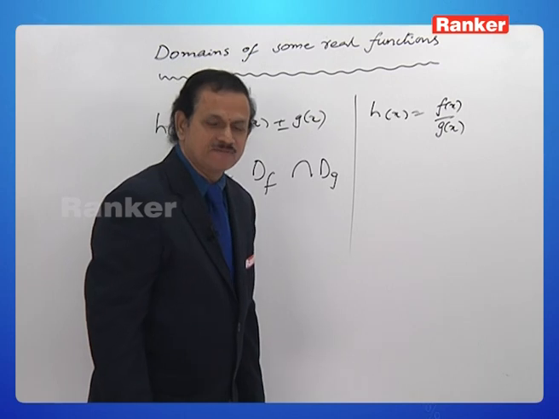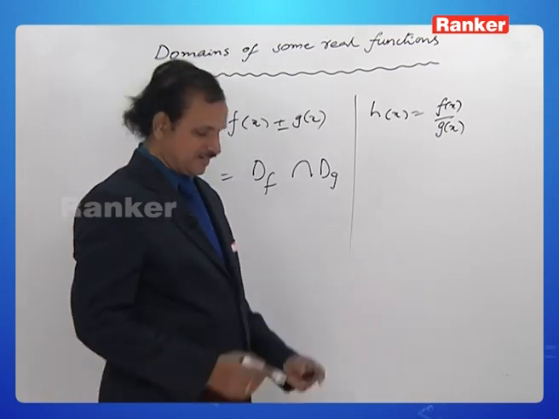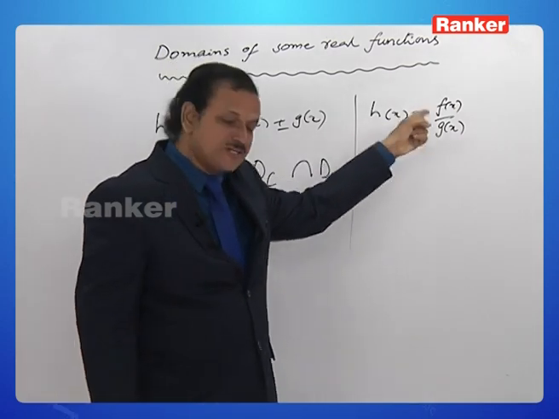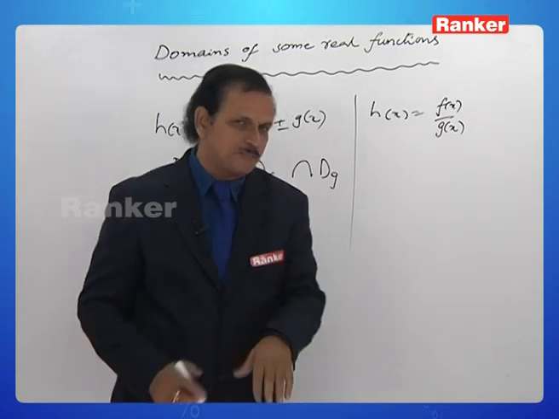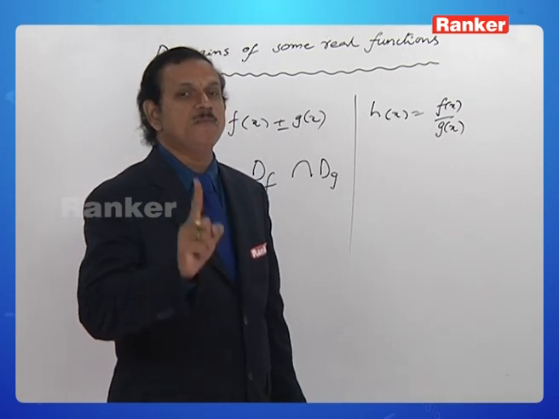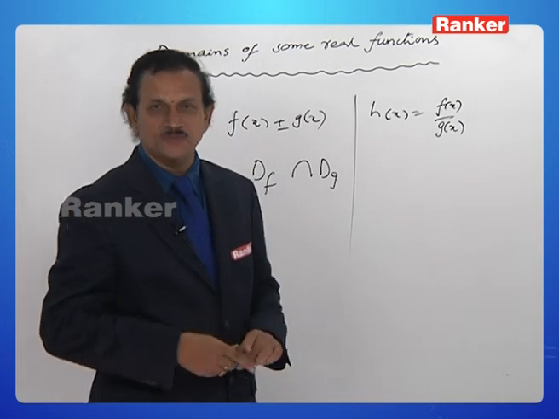What type of precaution can you guess? It is an easy matter to guess. Why? Because g of x lies in the denominator, you observe. So, what is the additional precautionary measure? g of x must not be 0.